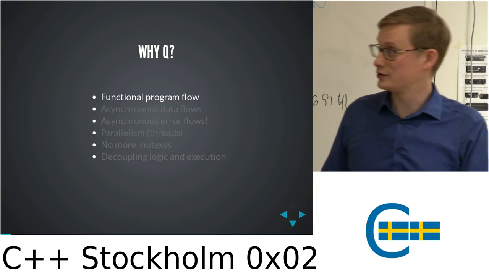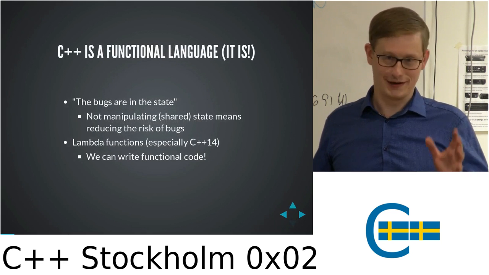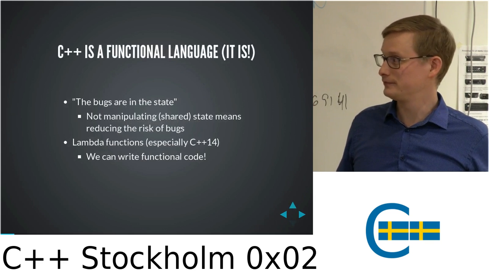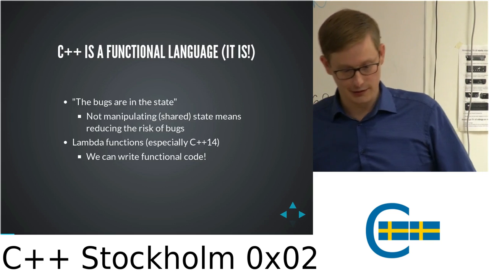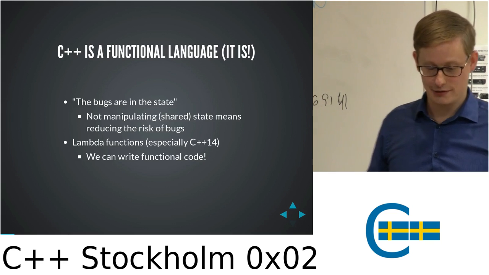So about functional. C++ is a functional language. Kind of. It depends. If you want it to be, it can be. Since 14, definitely you can write functional code. And some of you might have heard that the bugs are in the state. Yeah? No? Some? It's very true, actually.